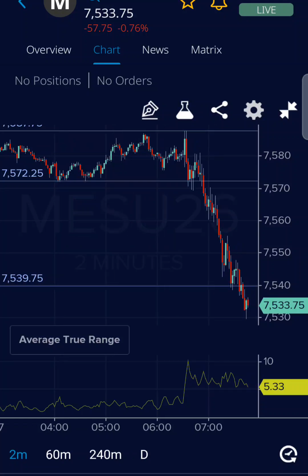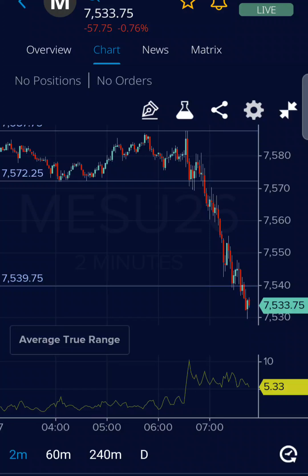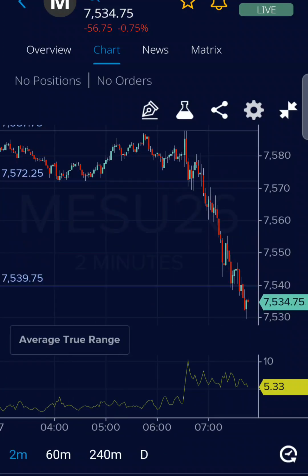How many points is that? Let's see: 10, 20, 30, 40, 50, 60. 60 points within an hour or so? That's imbalance. Why even trade if it's not doing that? I want to trade when the market is moving, okay?